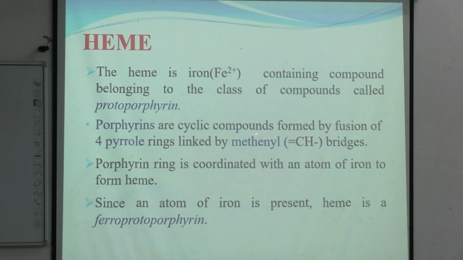Porphyrins are cyclic compounds formed by fusion of 4 pyrrole rings. Pyrrole rings are themselves ring structures made up of carbon, nitrogen and hydrogen. So 4 such pyrrole rings will be linked by methynyl bridges.